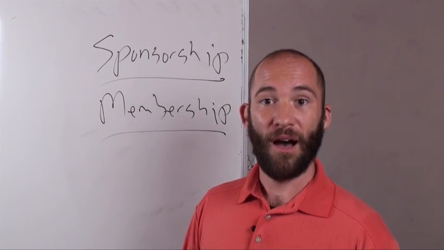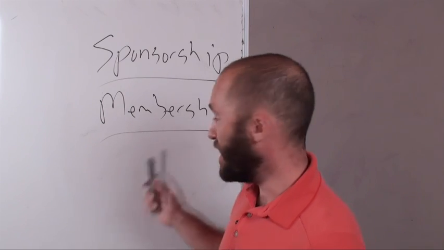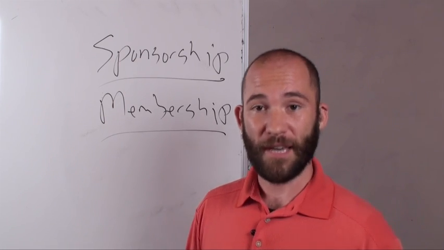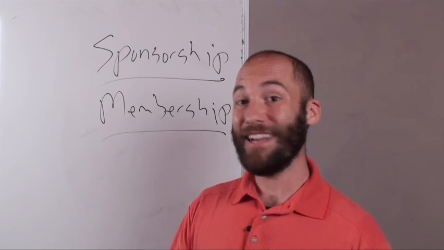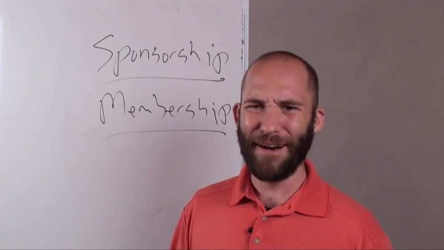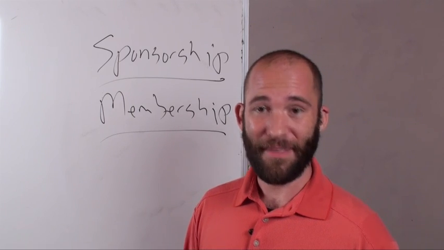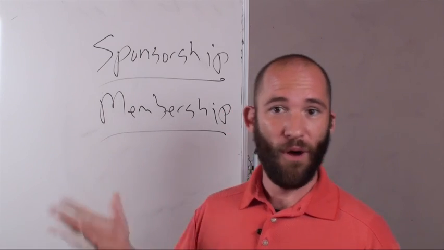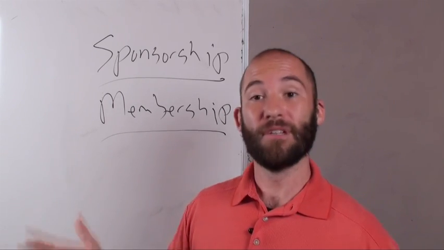So let's say you want to create a site and you think your site has a lot of really good information, so you want to charge $50 a month for the site. That's a bit steep, but depending on what information you're giving, hey, it might be a bargain. But then some people don't want to pay $50 a month. They just want to see one video that you have. Let's say you have one 1-hour video, I don't know, on real estate investing.